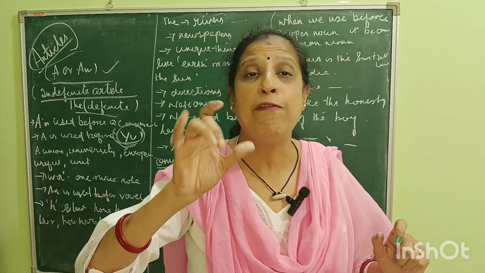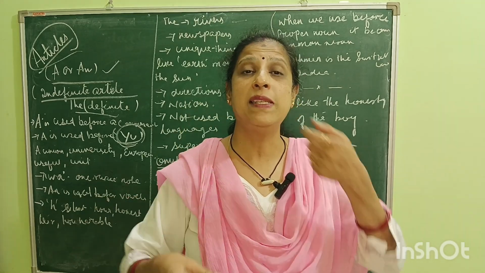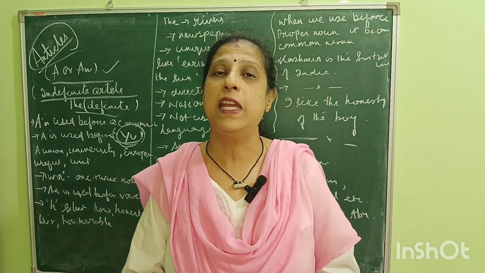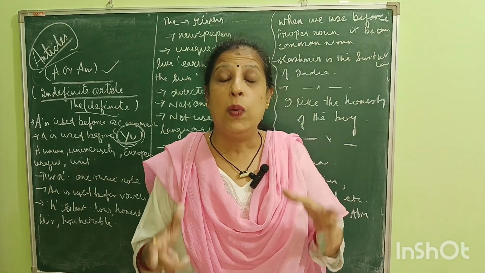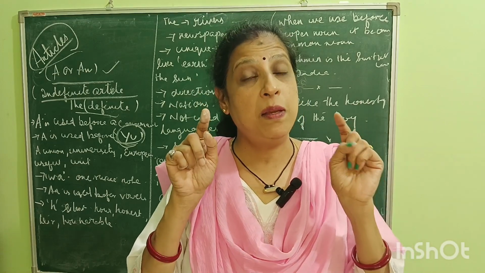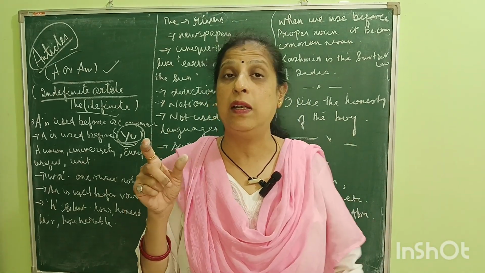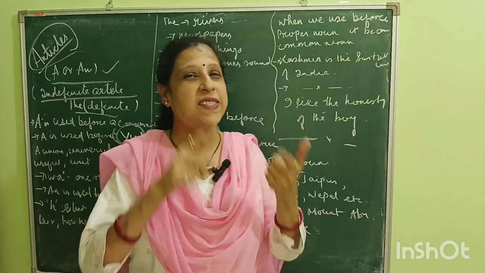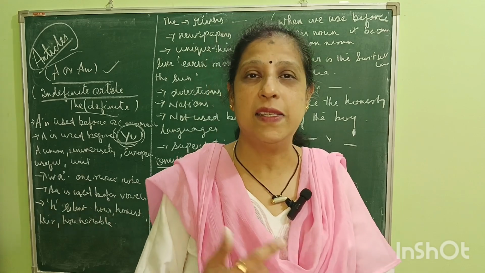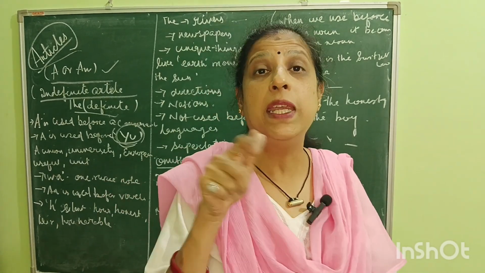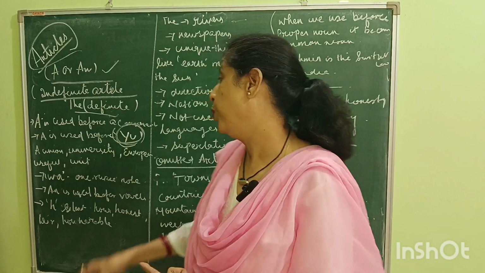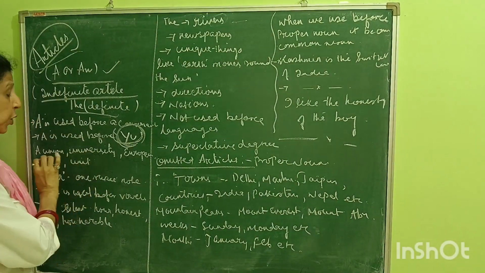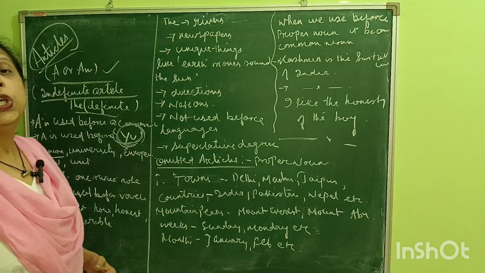So in that case, we can use a, where the word begins with a vowel letter but sounds like a consonant, that is U, Y, U. For example, I'll say a union, a union.